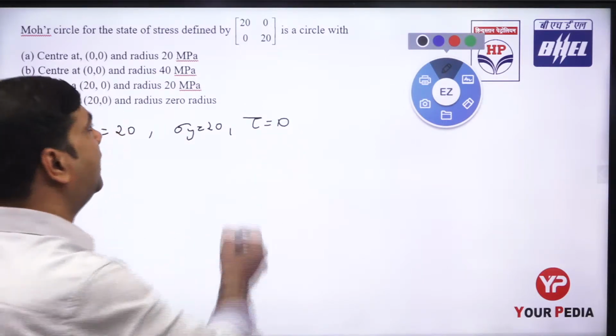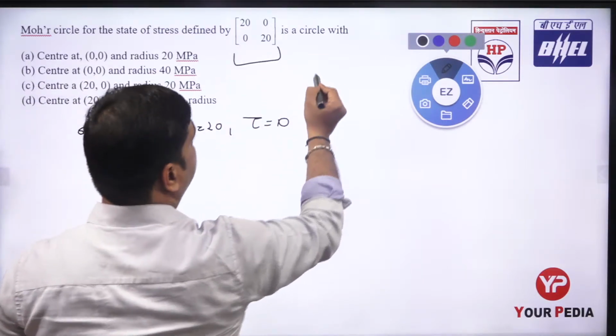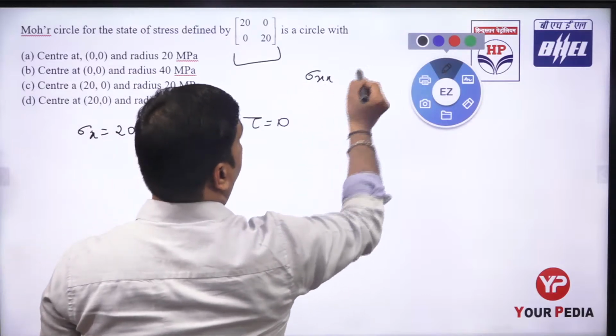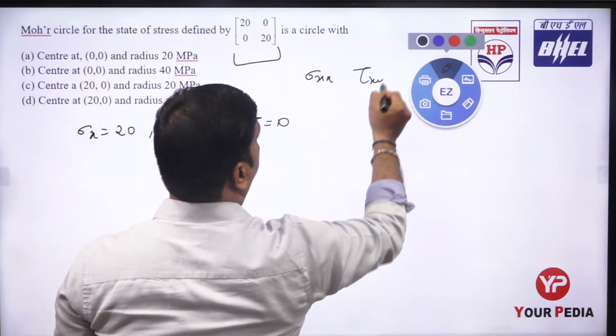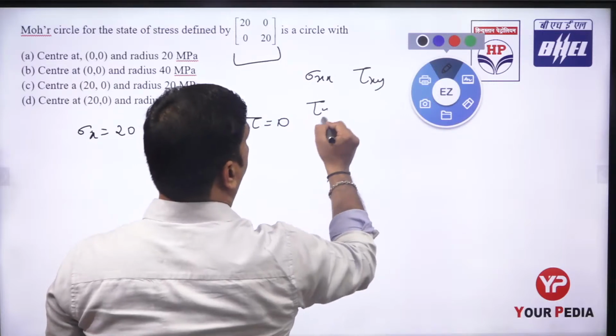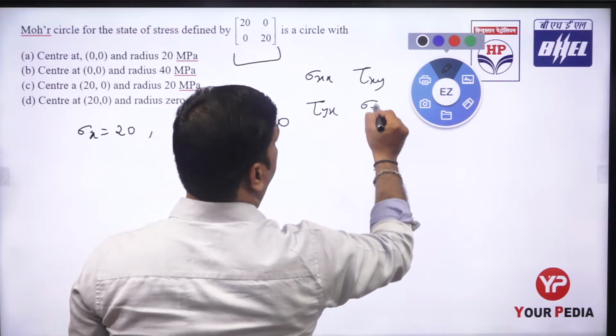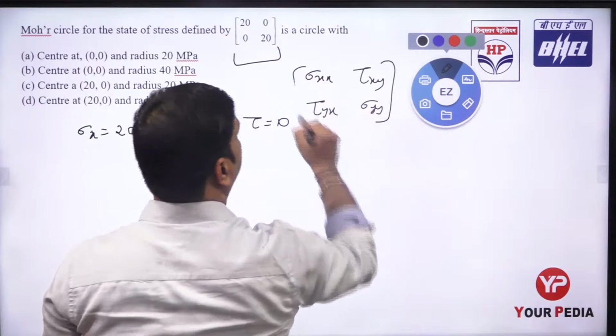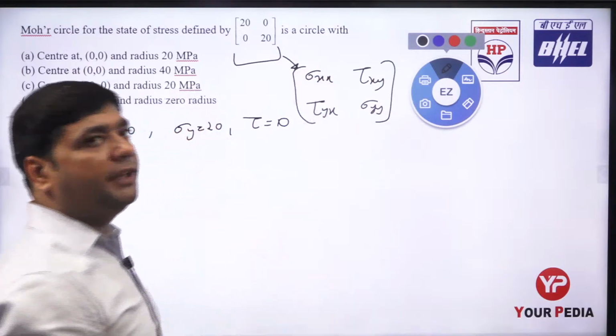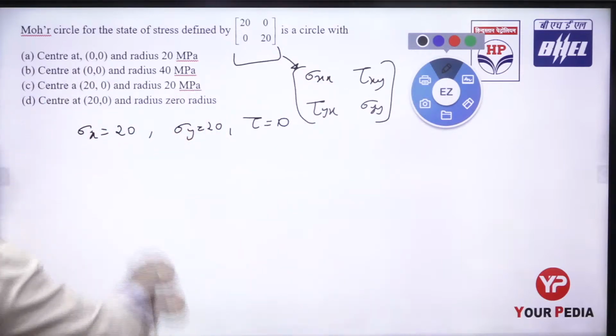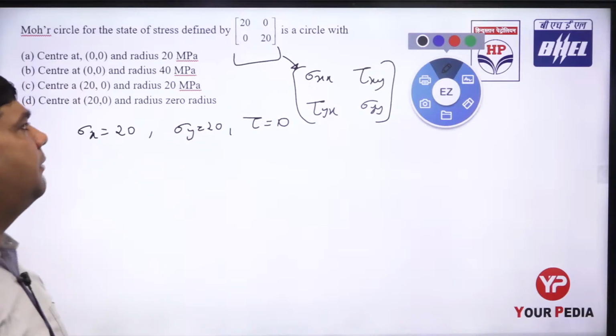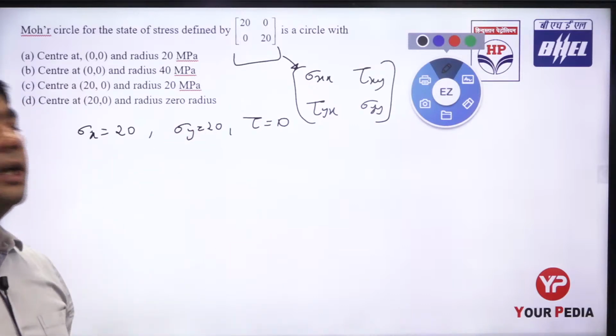This is just given by this. If I am going to draw this, this is sigma xx, tau xy, this is tau yx, and this is sigma yy. So from here we can see sigma x value is 20 megapascal, sigma y is 20 megapascal, and tau equals 0.